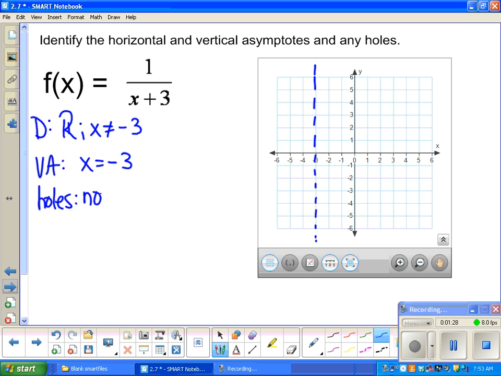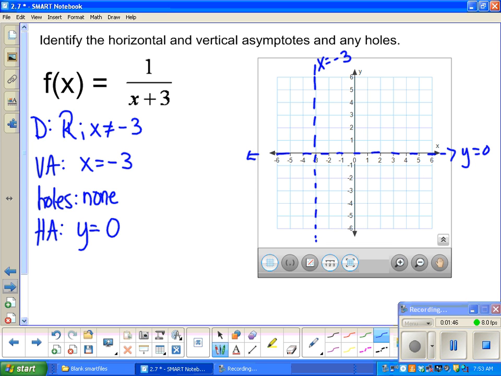Holes, there are no holes. And our horizontal asymptote is at y equal 0. Let's put that on our graph. That's y equals 0. This is x equal -3.